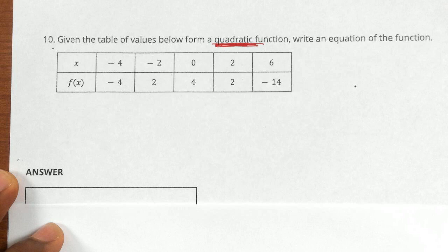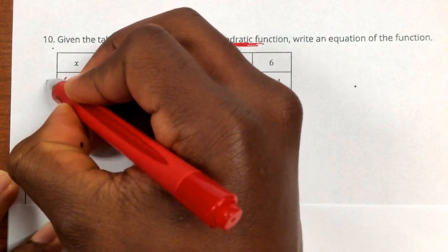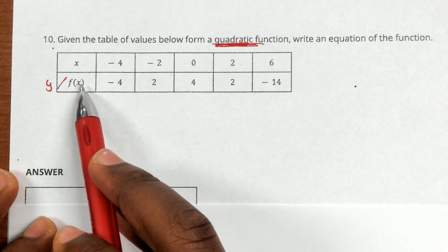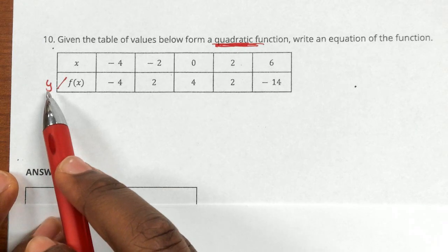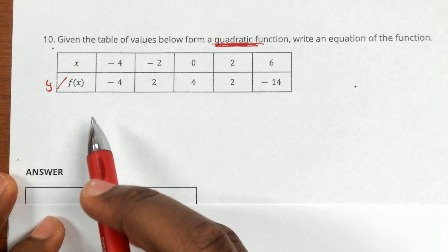Your vertex is going to be where your y values repeat. However, you might be trying to figure out what my y values are. Well, f of x is another name for y. So again, f of x is another name for what, guys? Y. So I'm going to look in between where the y values repeat.